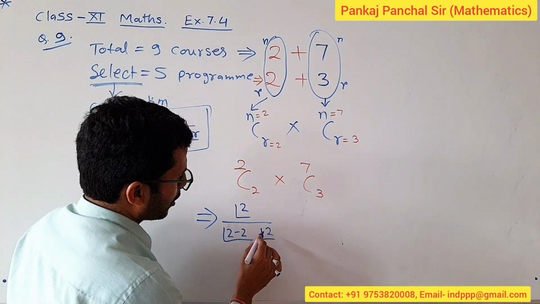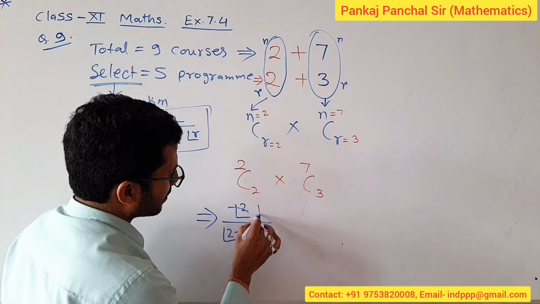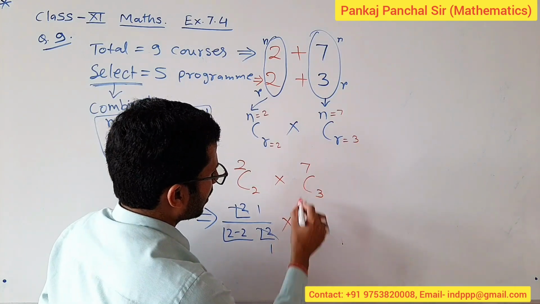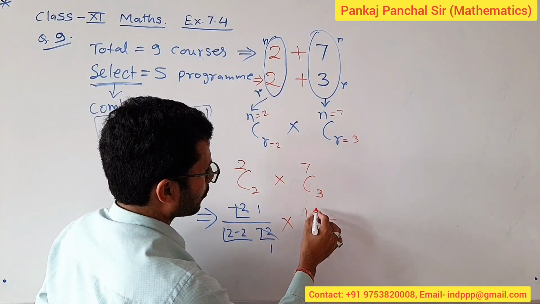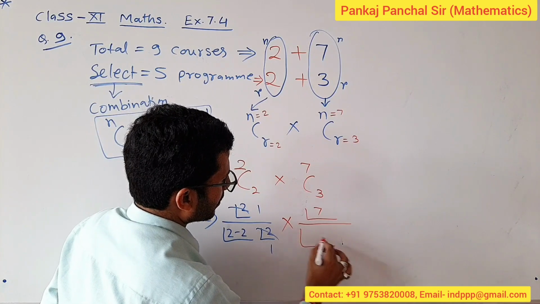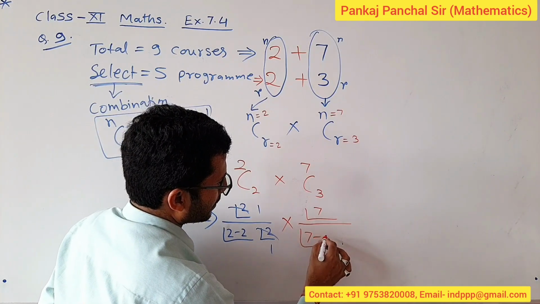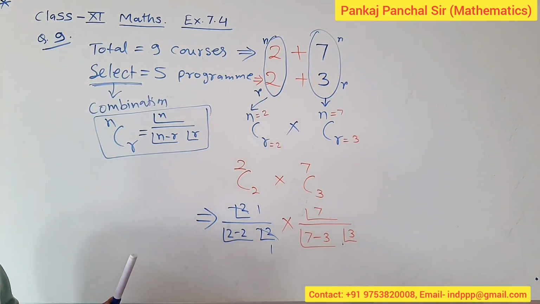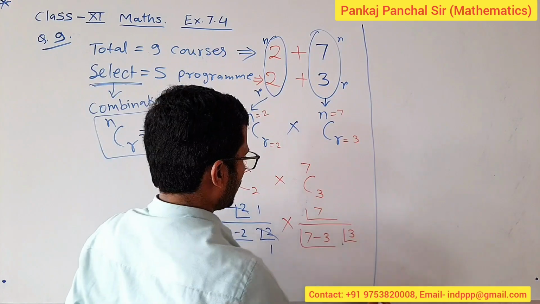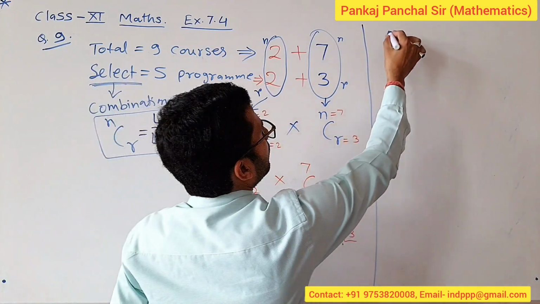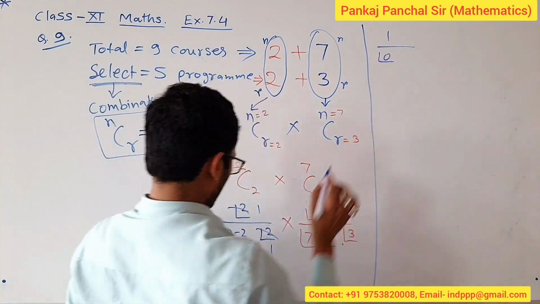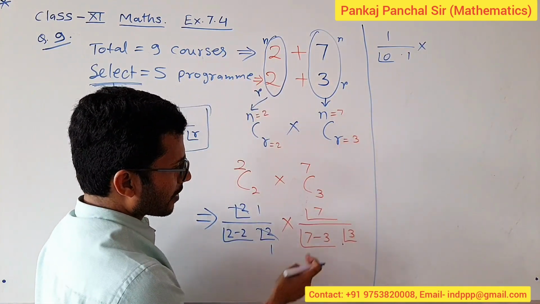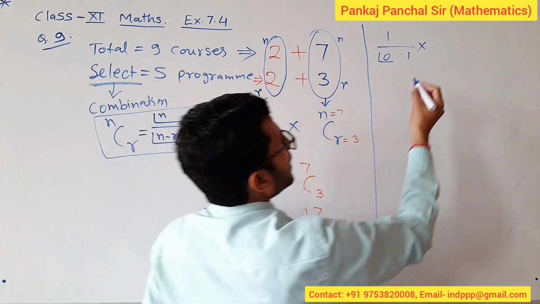Factorial 2 and factorial 2 will cancel out, and this gives 1, into factorial 7 divided by factorial 7 minus 3 into factorial 3. Now 7 minus 3 is factorial 4.